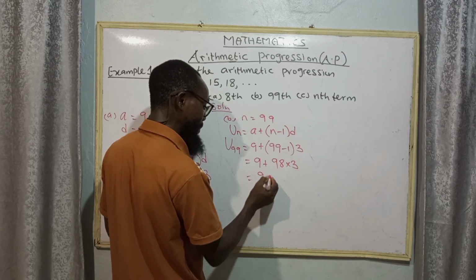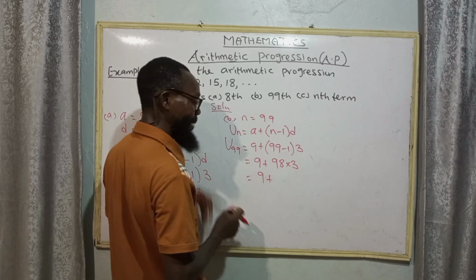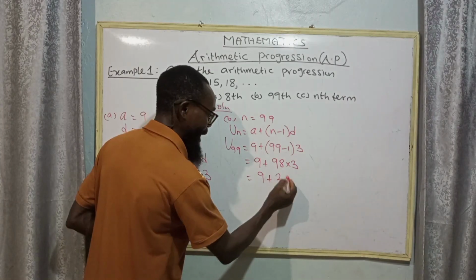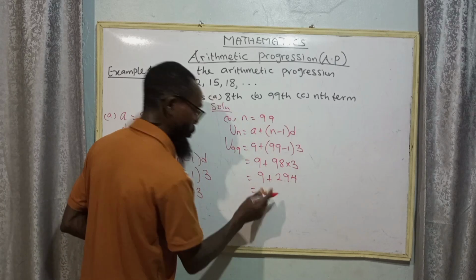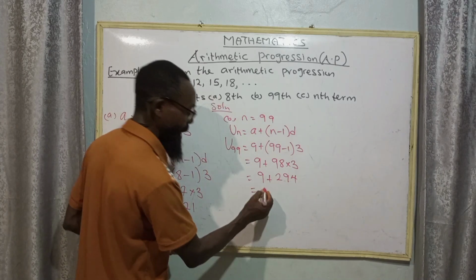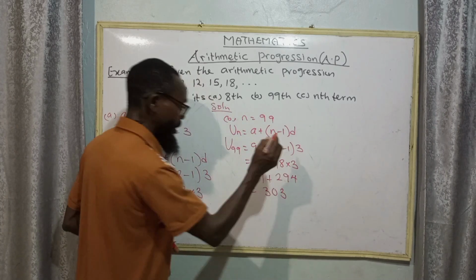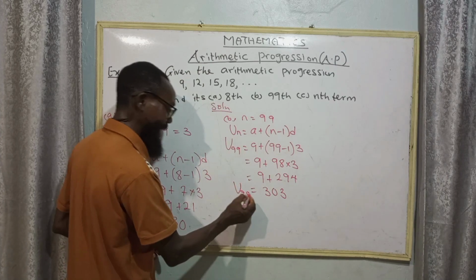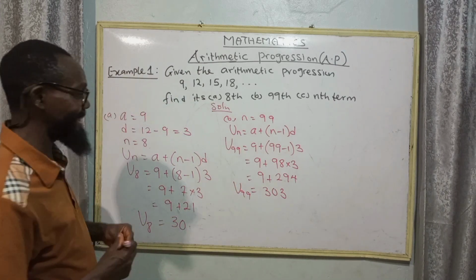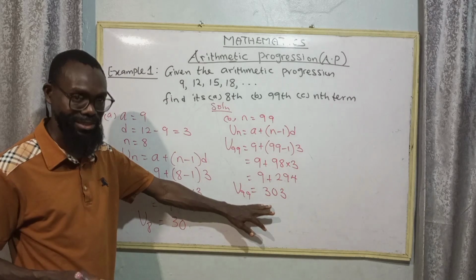So I have 9 plus 98 multiplied by 3. We have 294, so 294 plus 9 gives 303. That's our U99, so the 99th term is 303.